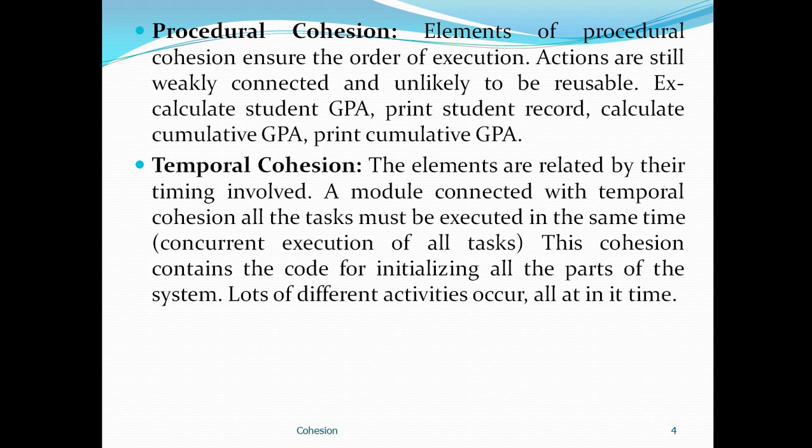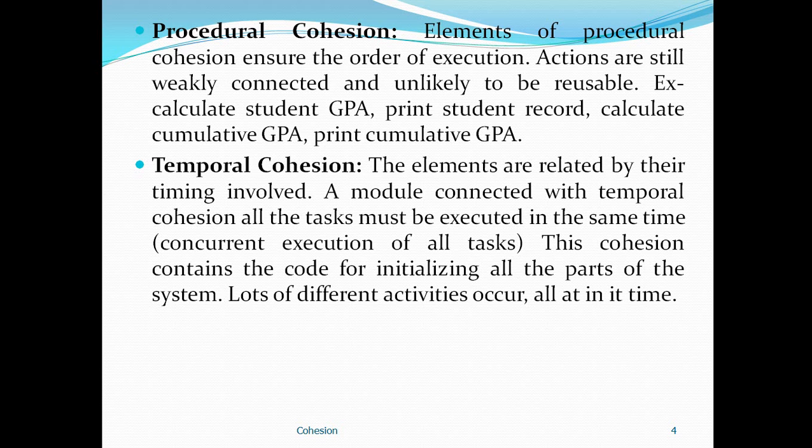Example: calculate the student's GPA and print the student's record, right? When we are calculating the student's GPA, we have to take the print of the student's GPA.